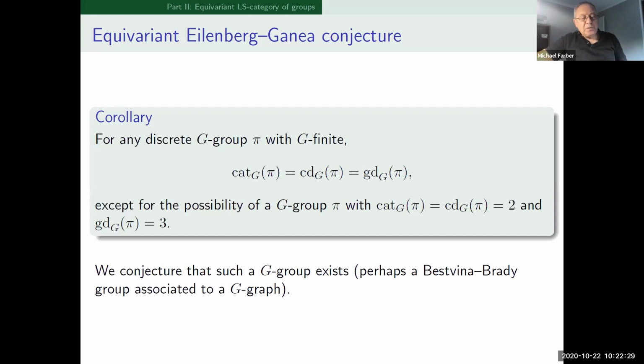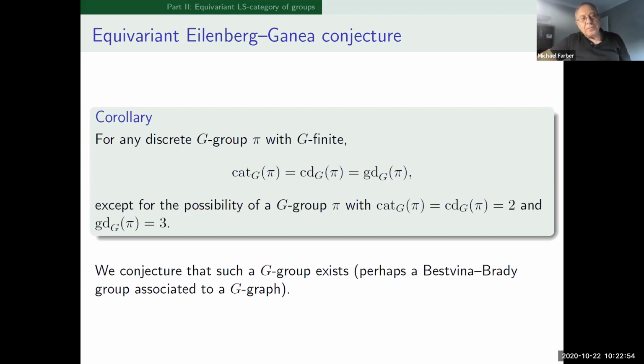What the Bredon and Bredon theorem says is that if you take the full version of the Whitehead conjecture and the Eilenberg-Ganea conjecture, then one of these two is false, right? But it doesn't imply that the restricted version of the Whitehead conjecture is false, because in their construction, they operate with infinite complexes.